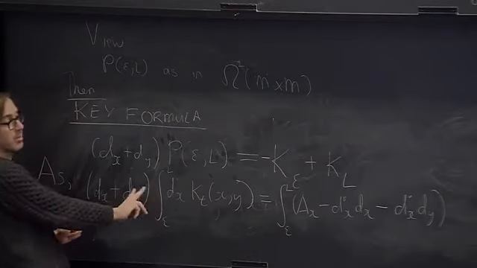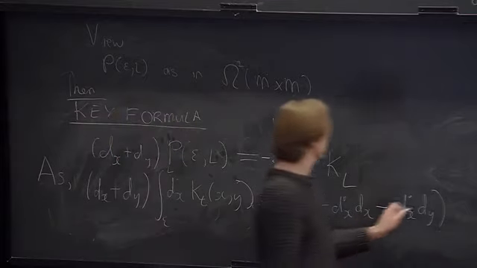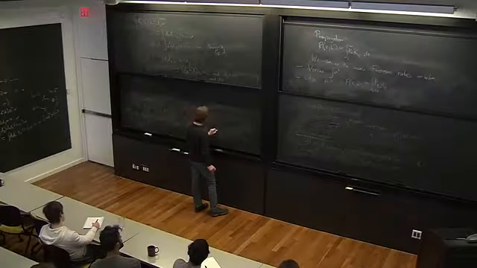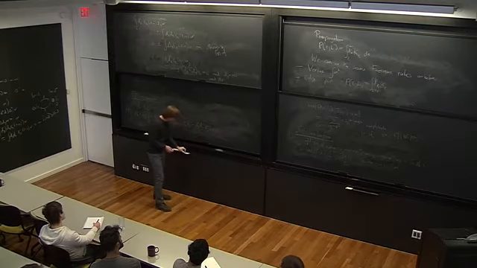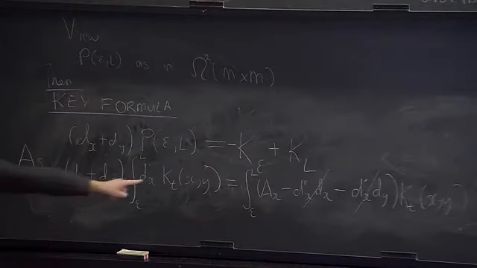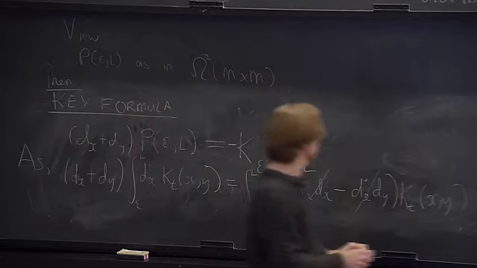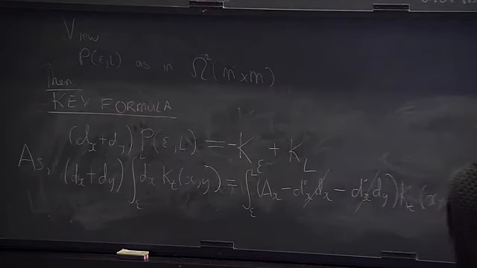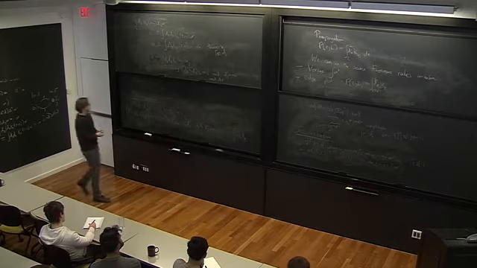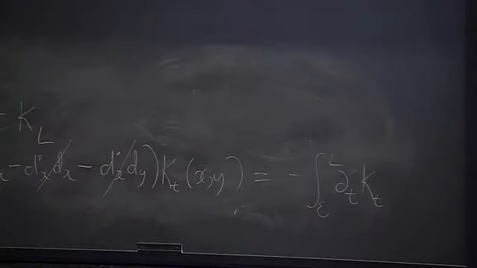So I pick up a minus sign as they pass each other. That's the heat kernel in y. And these two terms cancel because it's closed. So I just get this term, which is what we want.